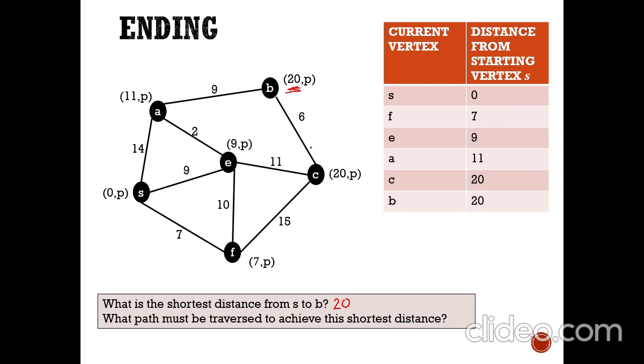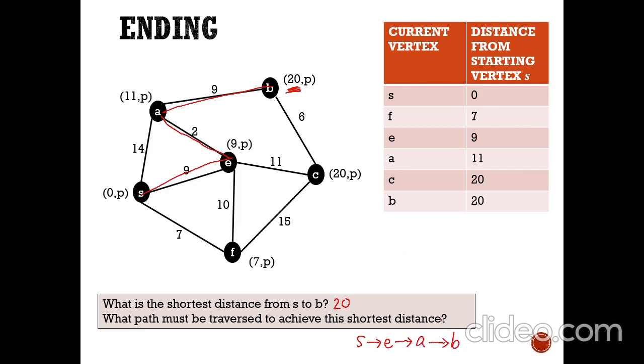So what path must be traversed from S to B to achieve a distance of 20? So notice that if you go from S to E, E to A to B, you get a total distance of 20. So S to E, E to A, and then A to B.